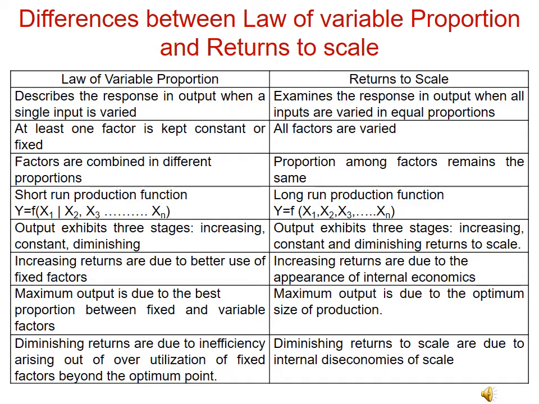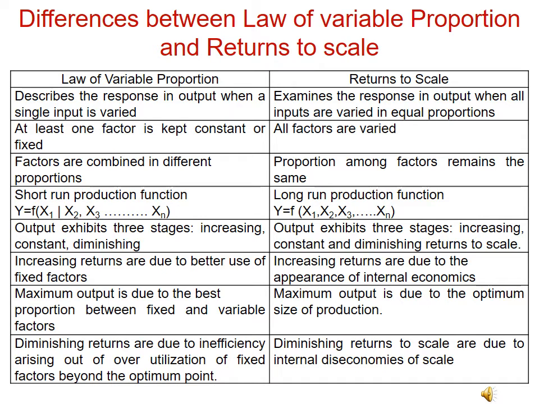However, in case of returns to scale, increasing returns are due to appearance of internal economies, which we will be discussing in our next slide. Then maximum output in case of law of variable proportion is due to the best proportion between fixed and variable factors, whereas maximum output is due to optimum size of production in case of returns to scale.